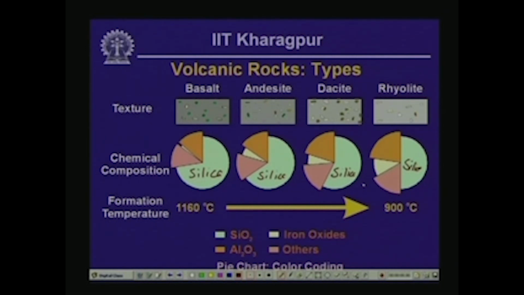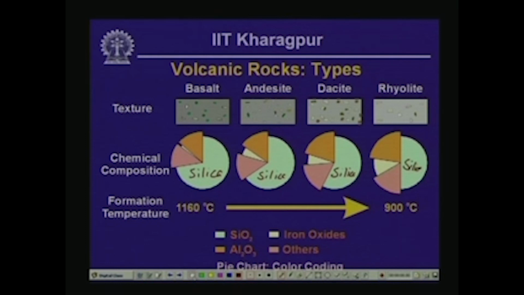You should also realize that silica percentage affects the flow characteristics of the magma quite a bit, and if you increase the silica percentage, then magma tends to be less mobile.